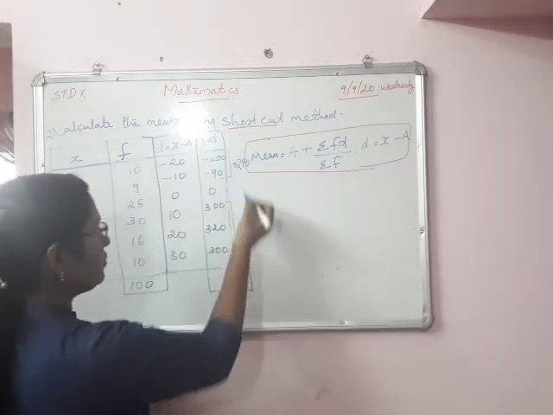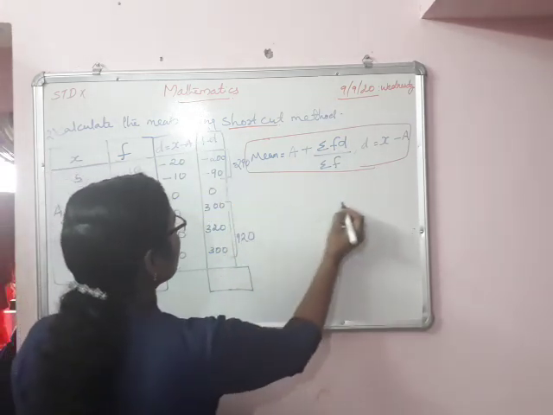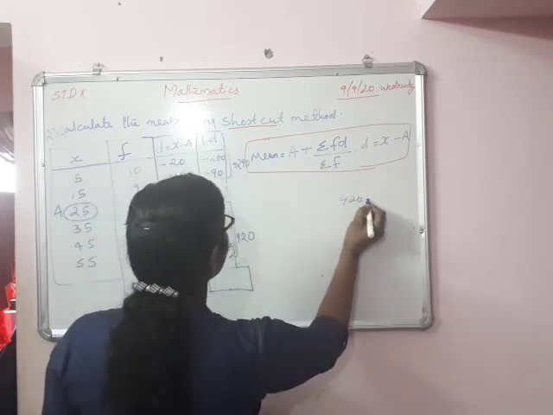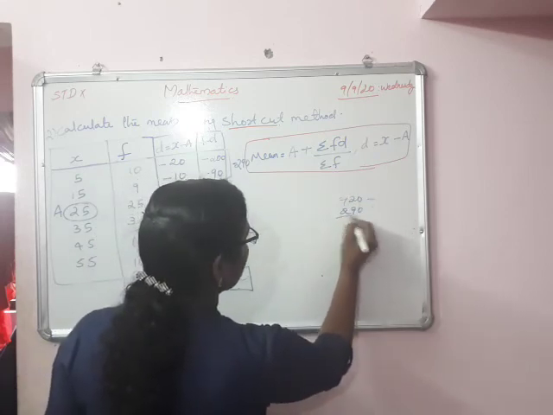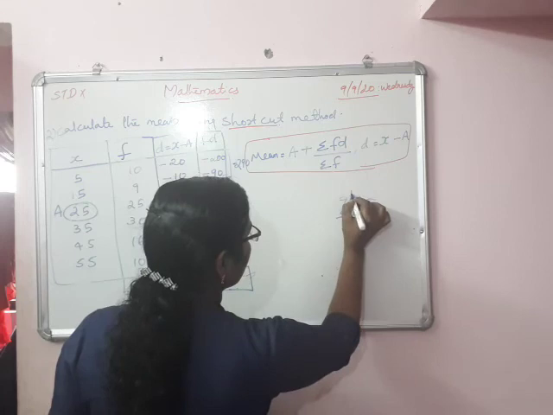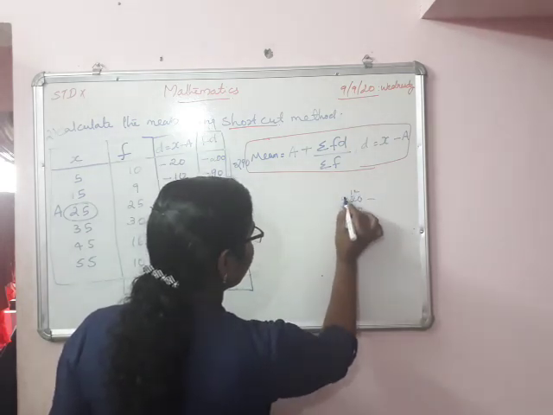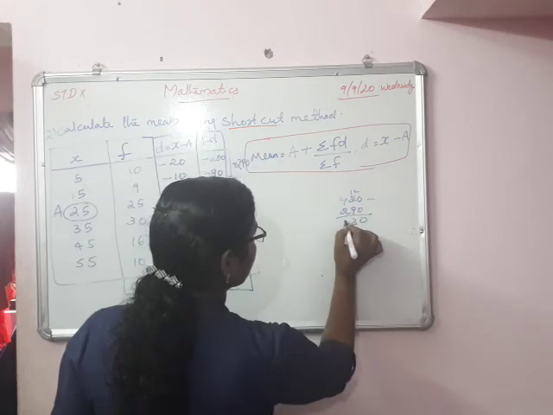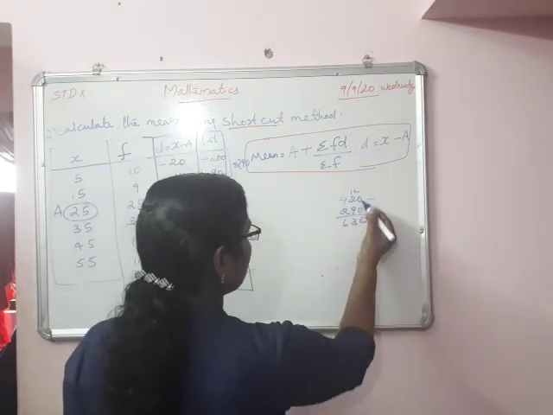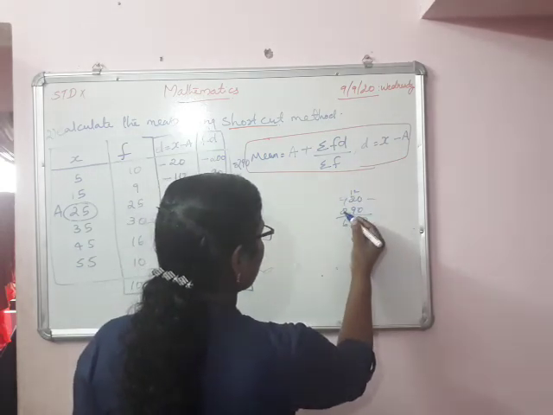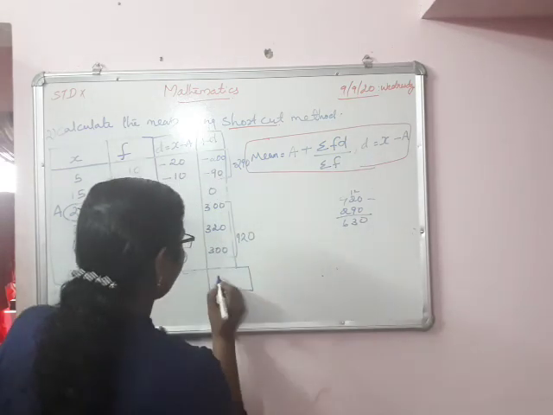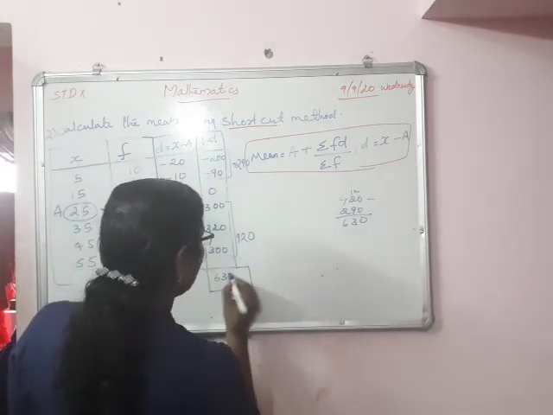This is negative, this is positive, so 920 minus 290, that is 630.